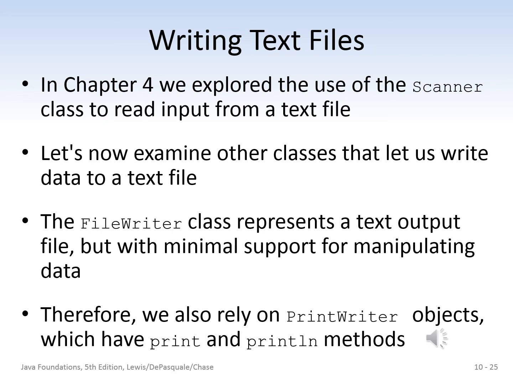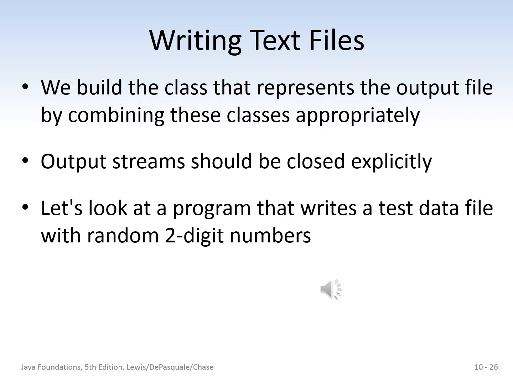Therefore, we also rely on PrintWriter objects, which have print and println methods available to them. We build the class that represents the output file by combining the FileWriter and PrintWriter classes appropriately. Output streams should be closed explicitly.